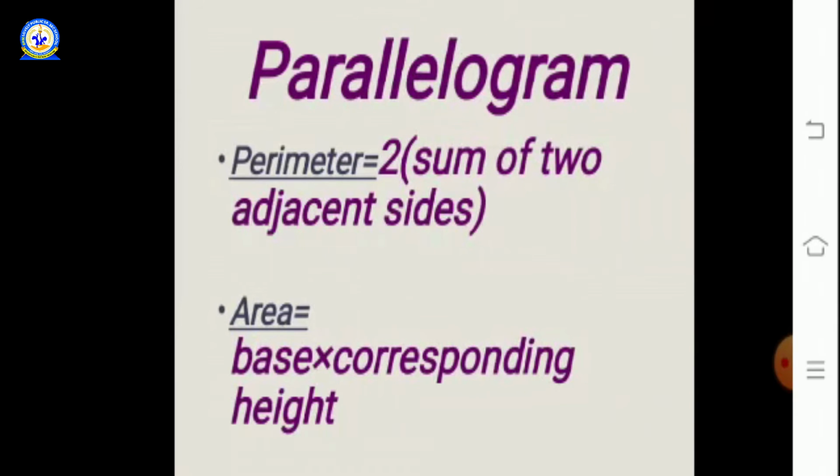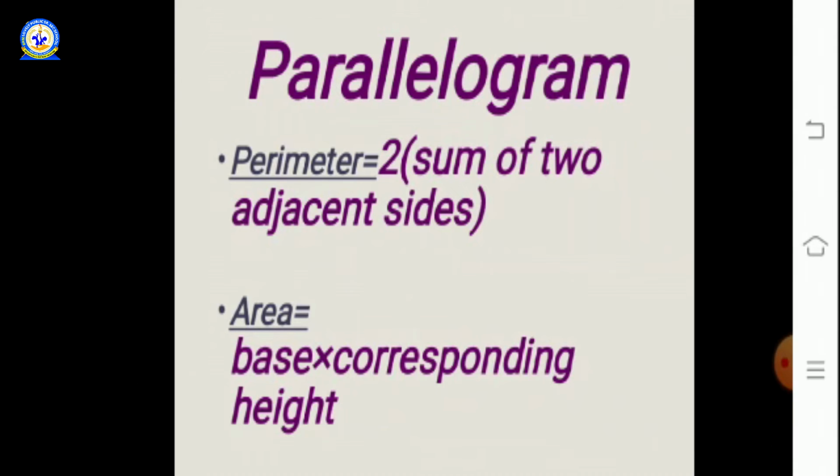Parallelogram. As you all know, parallelogram is a type of a quadrilateral and opposite sides are equal and parallel. So while finding the perimeter of parallelogram, that is equals to 2 into sum of two adjacent sides, and adjacent sides means consecutive sides and they have a common vertex.